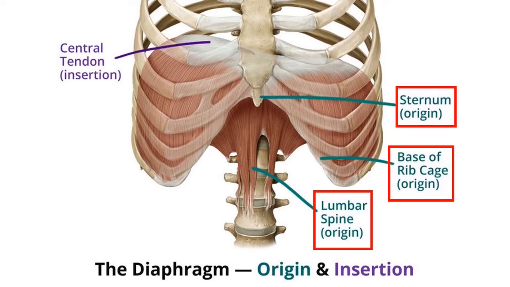These areas give origin to muscles, and these muscles go up and meet in the center and form a central tendon. Now, when these muscles contract, the central tendon will come down. As it comes down, it increases the volume of the thoracic cavity.